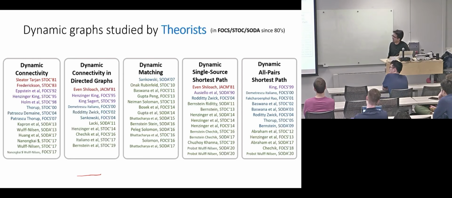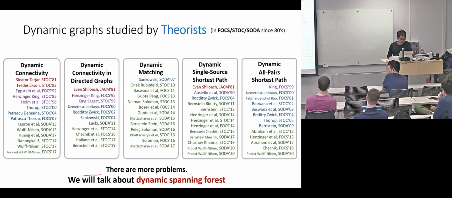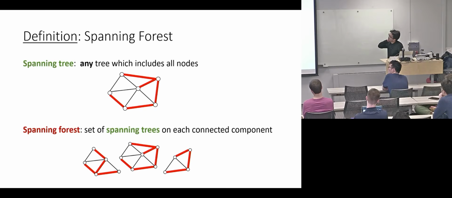Many papers are published in this area, and there are many algorithms, and I will just talk about this problem called dynamic spanning forest. So let me recall what a spanning forest is. When you have a graph with vertices and edges, a spanning tree is a subgraph, the red subgraph in this graph.